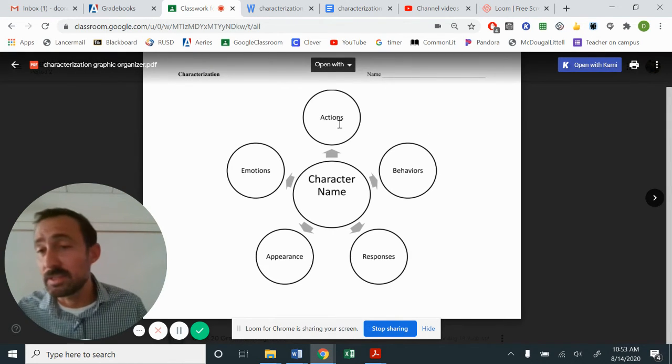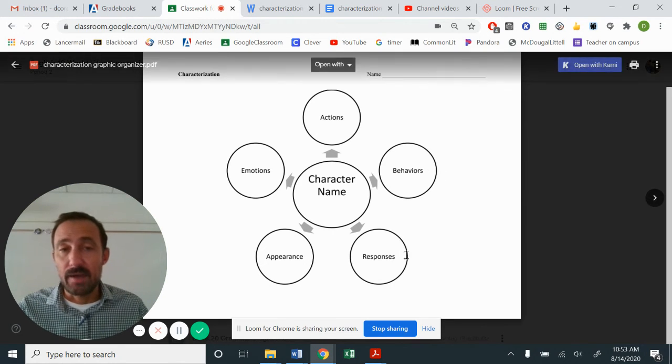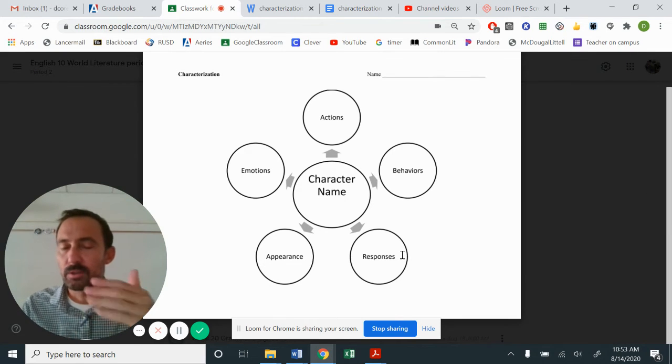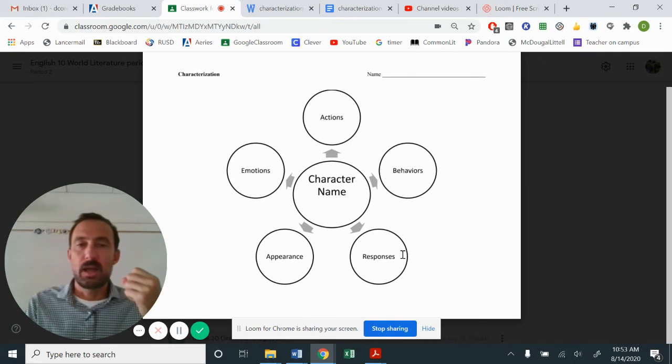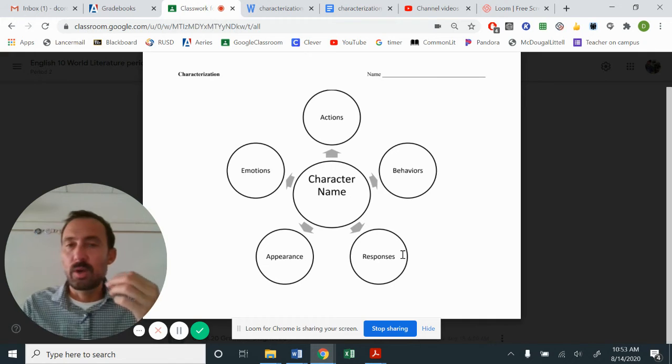So actions are the things that they do. Behaviors are kind of like the pattern that they have. Responses, you will notice, is how the character is responding to a certain situation, an event, or a relationship. So how do they respond?